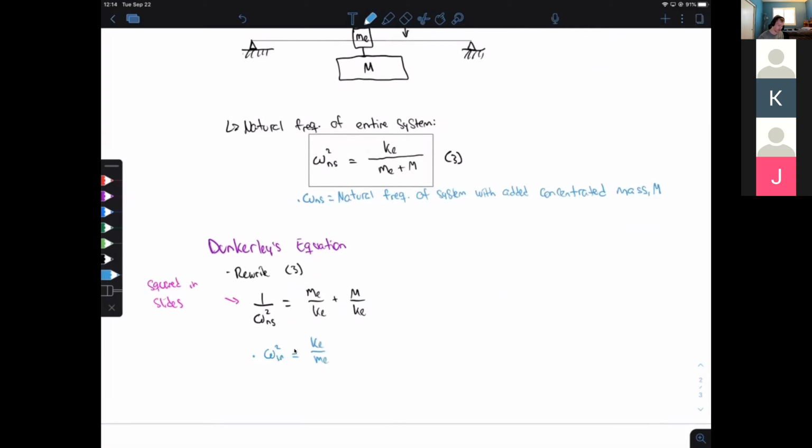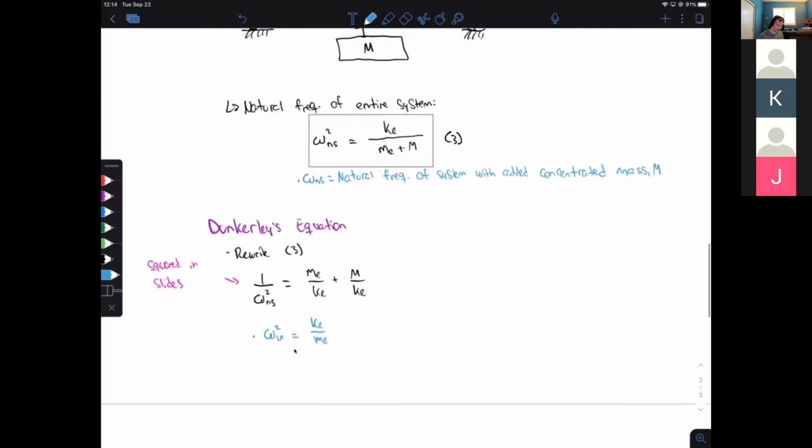So what we're doing here is we're kind of just taking that part right there and assigning some new variable to that. And then we're going to have omega 2n squared. That will be equal to k sub e over capital M.